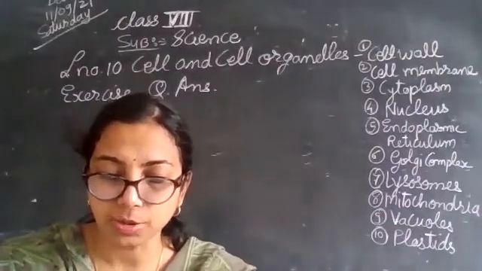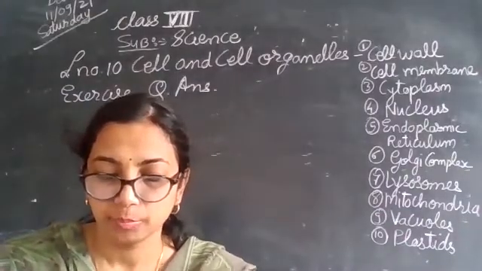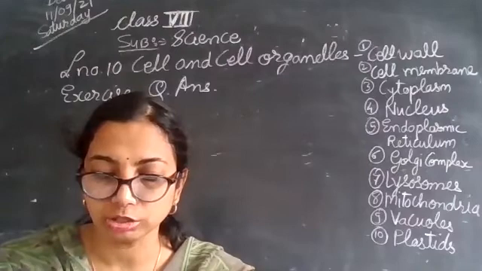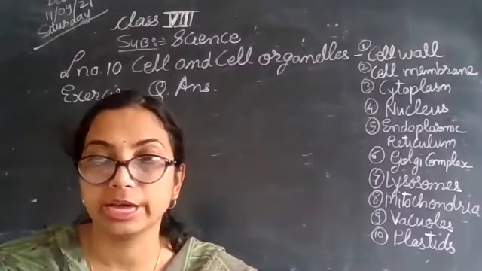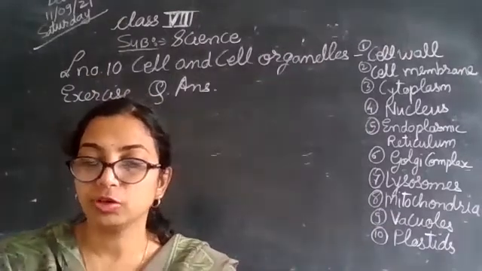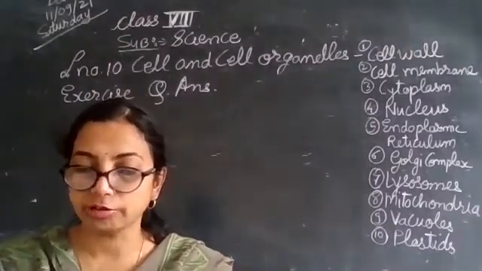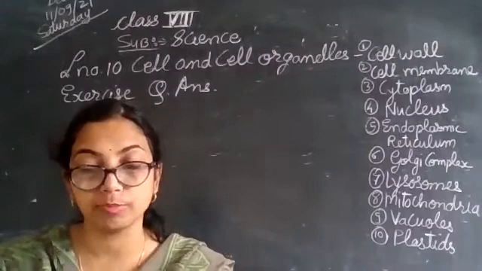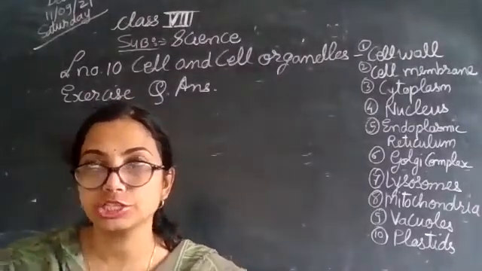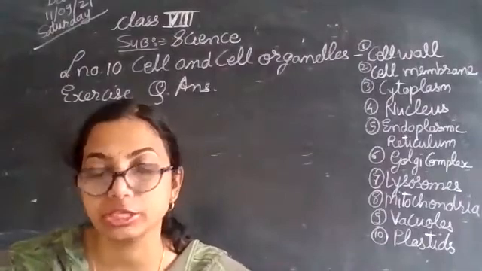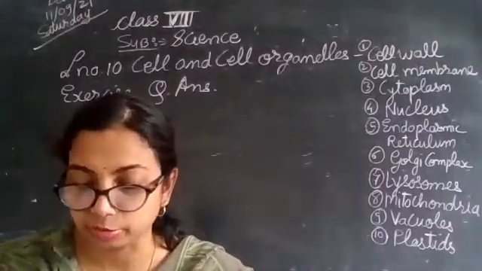Third one, I support the cell, but I am not cell wall. I have a body resembling that of a net. We have all seen and drawn the diagram of plasma membrane. If you remember, cell membrane, plasma membrane, or selectively permeable membrane, these are the three names of that membrane.